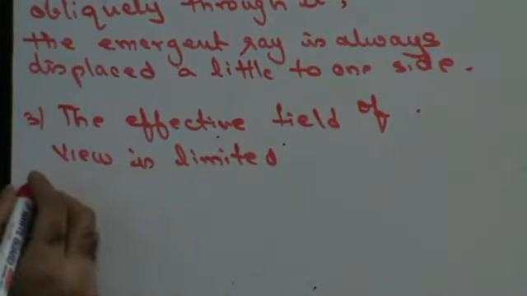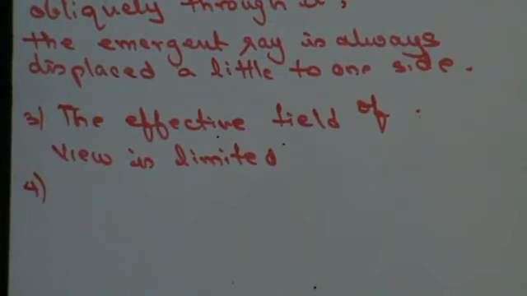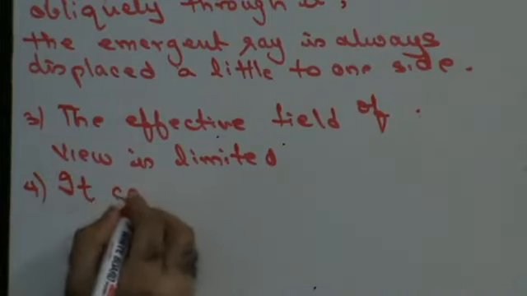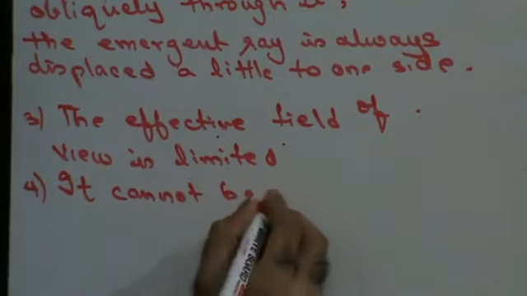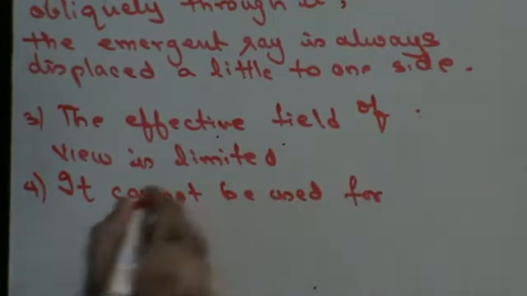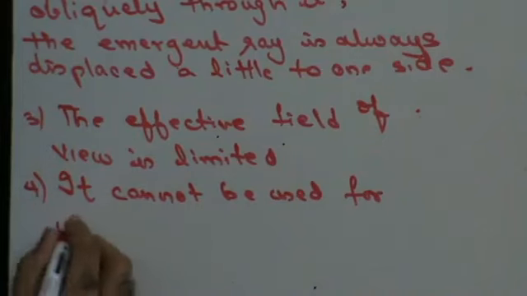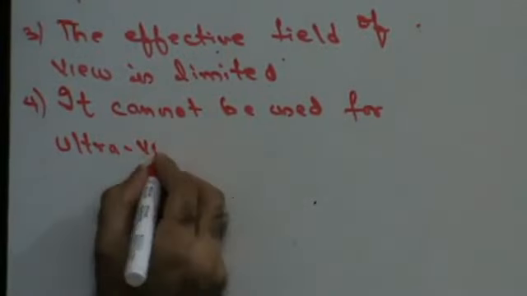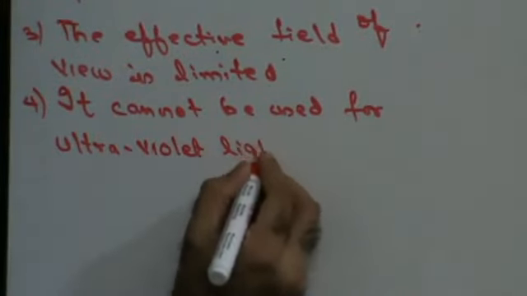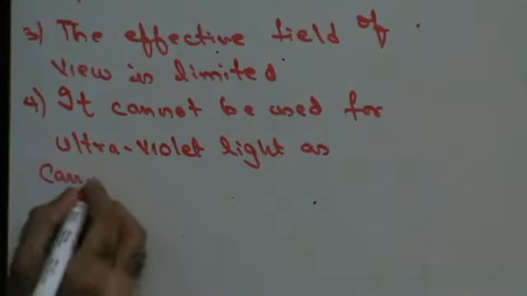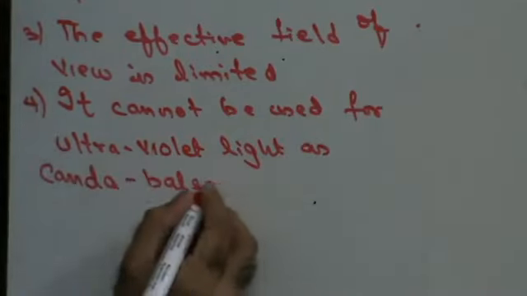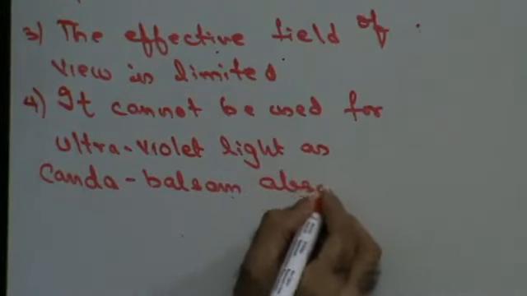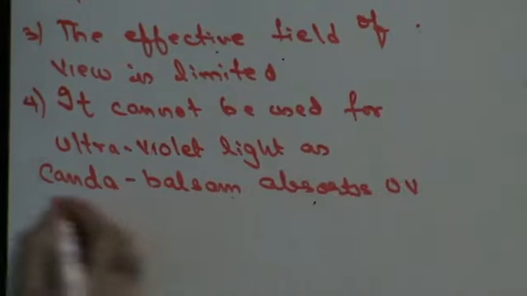Right? Next, I cannot use a Nicol prism for UV light as Canada balsam absorbs UV light. It cannot be used for ultraviolet light as Canada balsam absorbs UV.